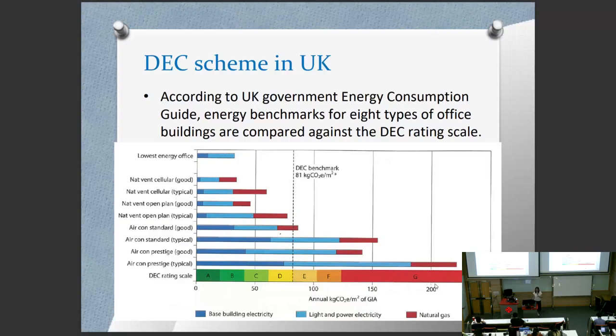So the author explained that this DEC scheme is not popular. The participation rate of the DEC scheme is very low because most offices have energy consumption probably in this region, so they don't want to show that certificate. Because G seems to be a poor performance, they don't want to show this certificate.